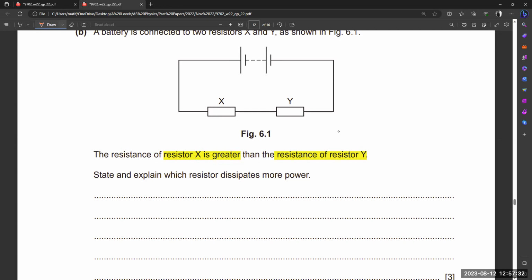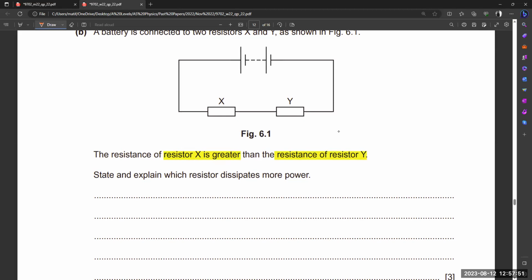V equals IR, so when I is constant, V is directly proportional to R.